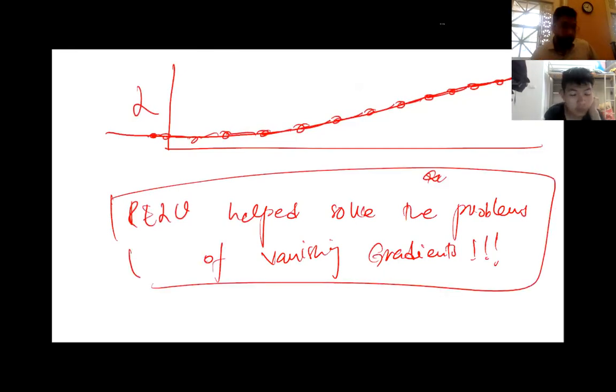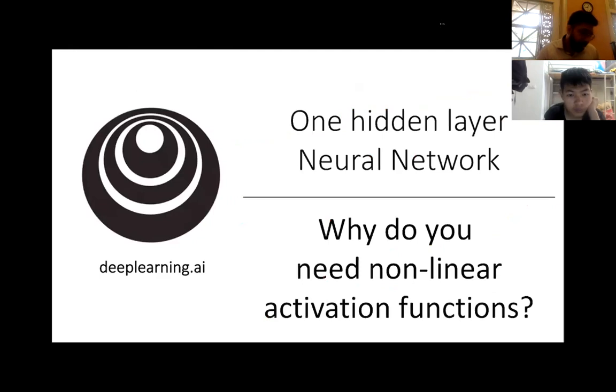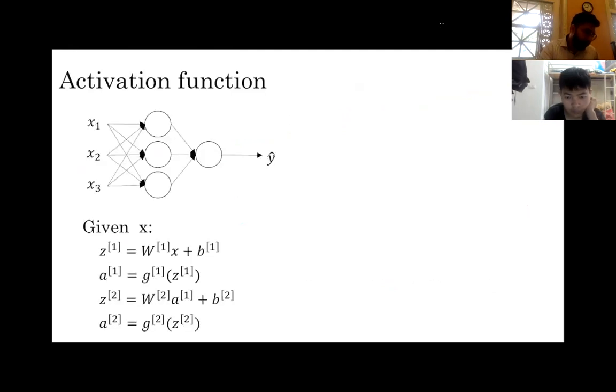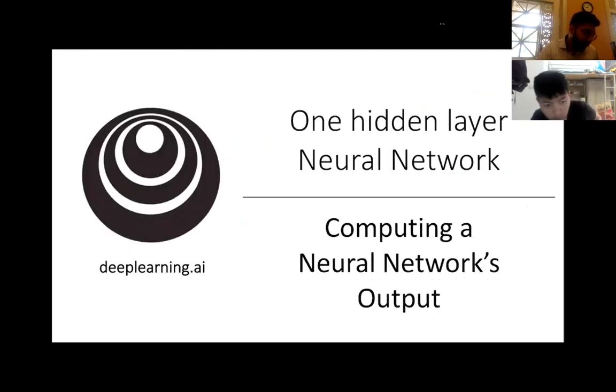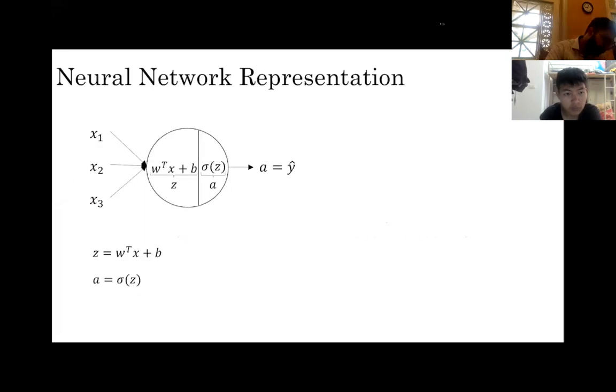Okay, so now it seems like we have a setup for defining our neural network. Let's try to find the outputs of the neural network, and then let's try to train our neural network, because these are the two things which are left. So generally speaking, like we said, we divide it into two parts, a linear part and then an activation part.